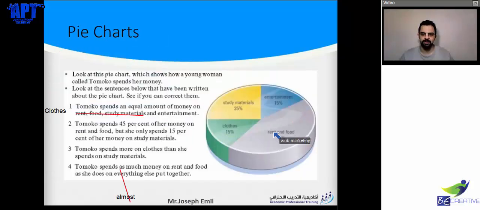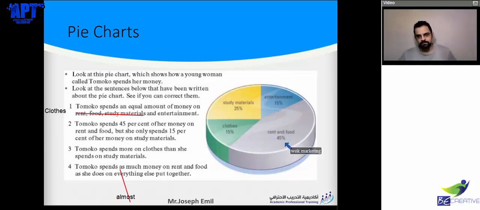What about a pie chart? When you are given a pie chart, you can be given some sort of division. So here, almost as much rent and food as study or as everything else put together.